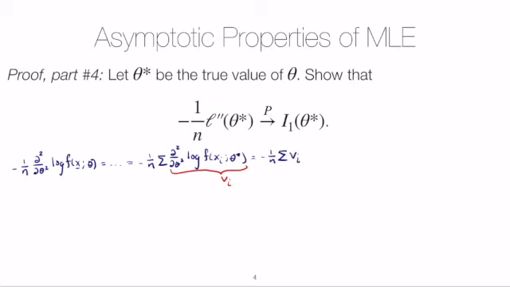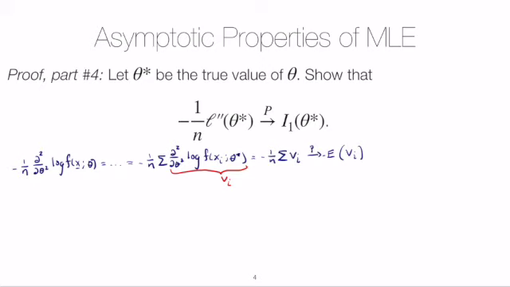So you could call that V bar. Under the conditions we're operating under, basically an IID sample, this should converge in probability to the negation of the expected value of V_i, and that's true by the weak law of large numbers.